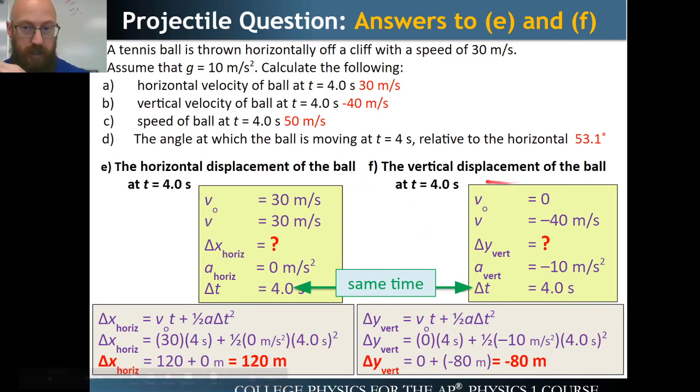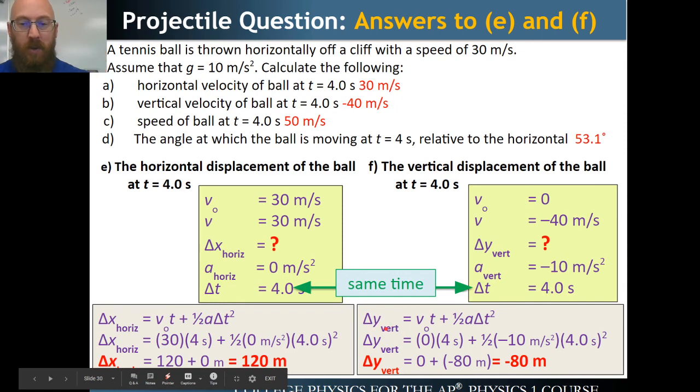The vertical displacement of the ball. Well, we know it went from 0 to negative 40. We don't know delta y. We know acceleration is negative 9.81, or it was negative 10, and the time. So again, we can use almost the exact same equation, but in this case, we've changed the delta x into delta y. The velocity initially in the y direction is 0. The time is still 4 seconds.